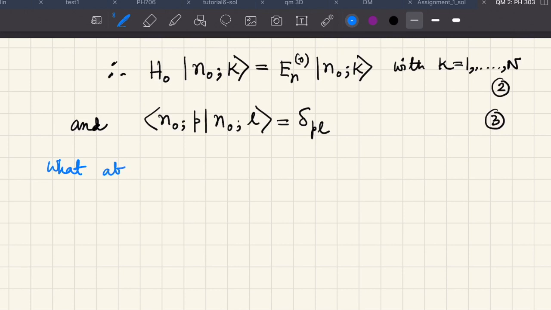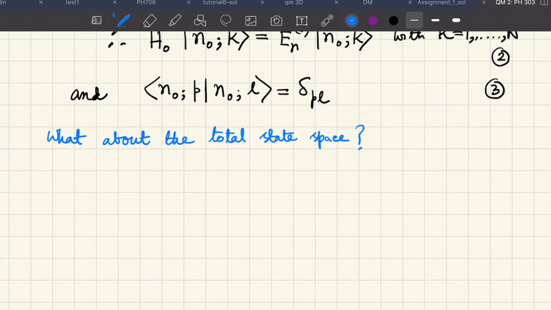But of course we should ask, what about the total state space of the system? We can denote it by curly H, which will be formed by Vn, but then you also have the rest of the states which are not degenerate, which we denote by V tilde, and this will be a direct sum of Vn and V tilde.